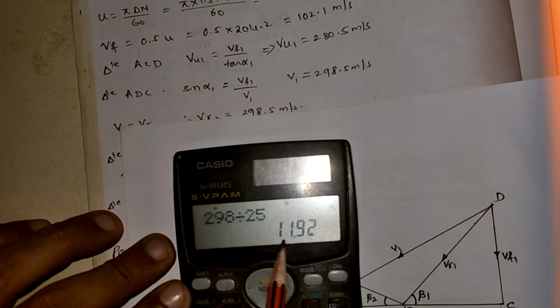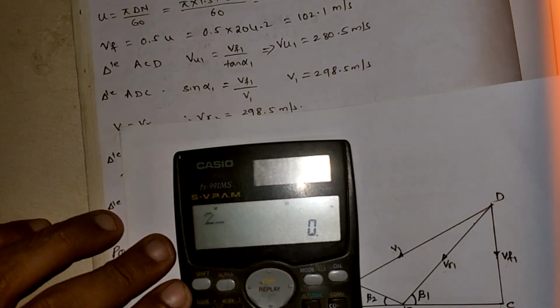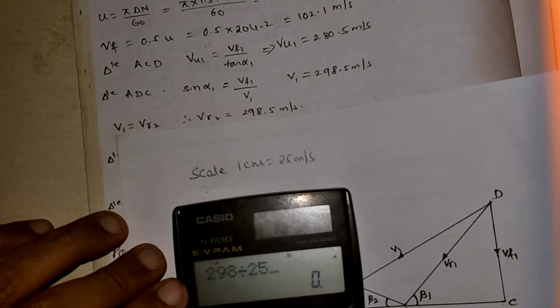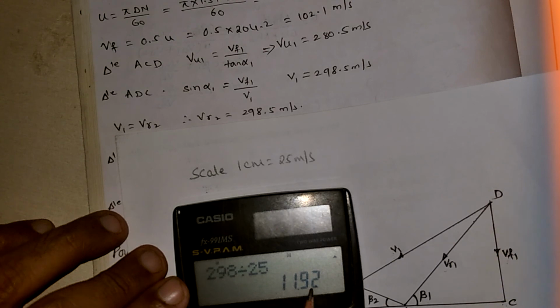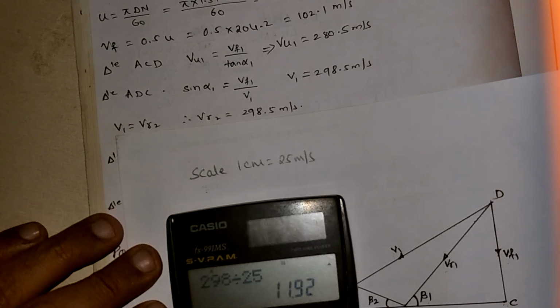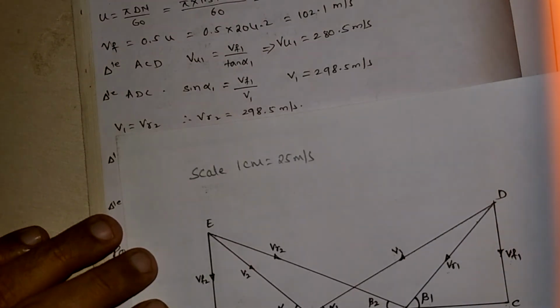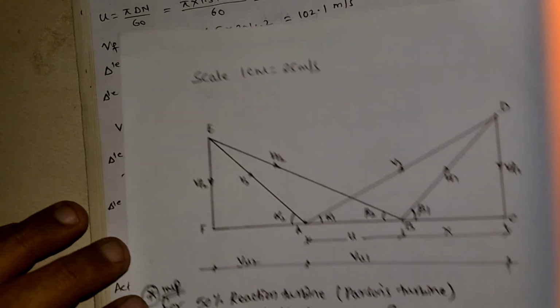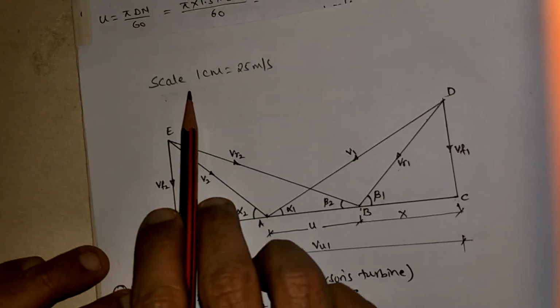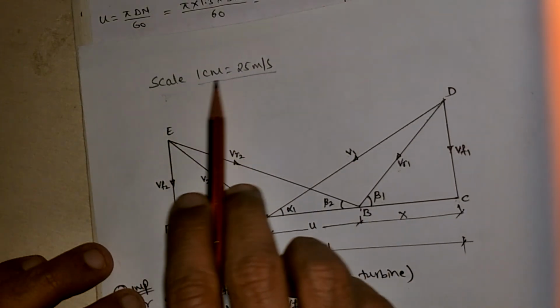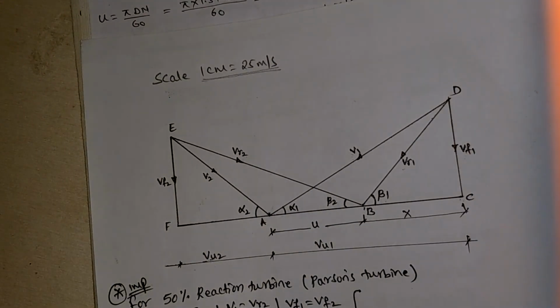The length of V1 will be 11.92, so it is 298 divided by 25. So 25 is the scale, right? With this you can easily draw the velocity triangle. You have to draw the velocity triangle by assuming the scale 1 centimeter is equal to 25 meters per second. Okay, thank you all of you.